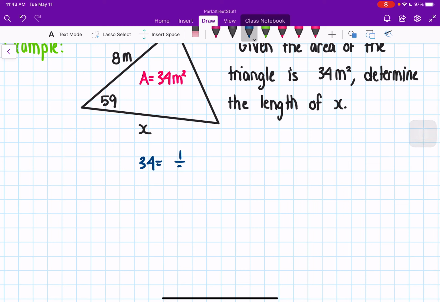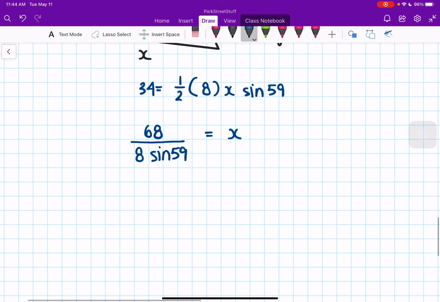34 is equal to a half times 8 times x times sine of 59. So here we need to isolate x. And remember, because we have timesing by a half, that means that we're dividing by 2. So we're going to multiply that by 2. So that's 68 divided by 8 times sine of 59 will give us our unknown, which is x.